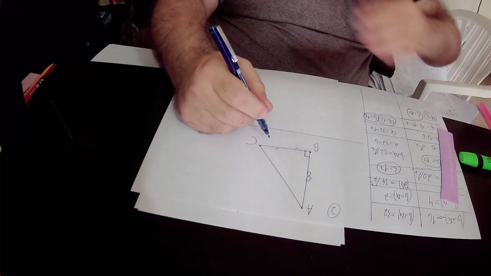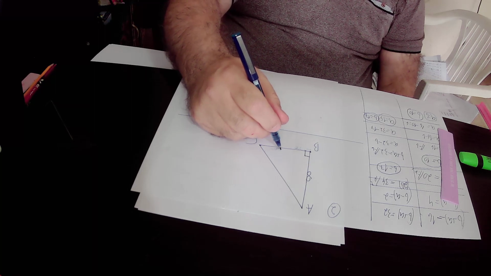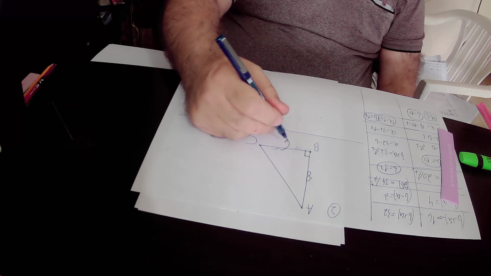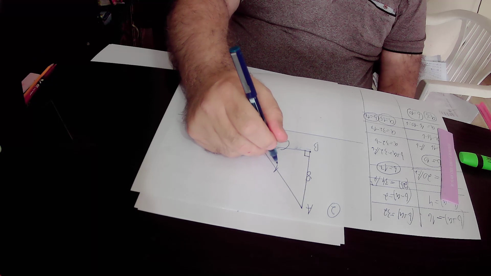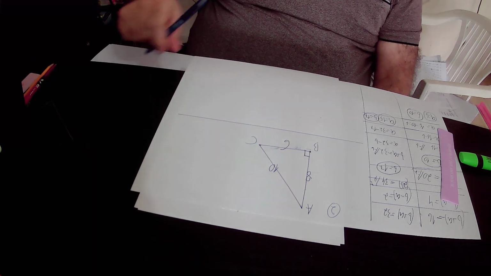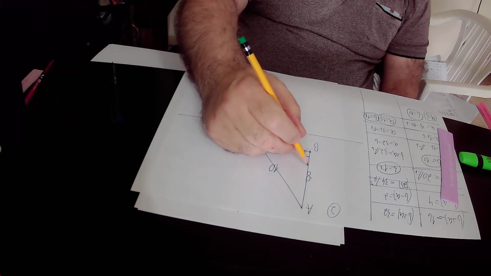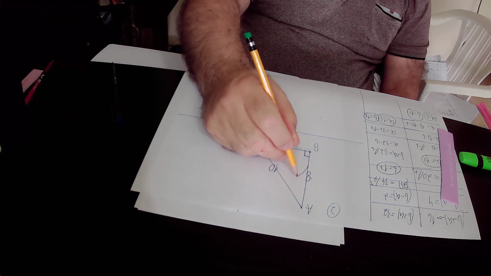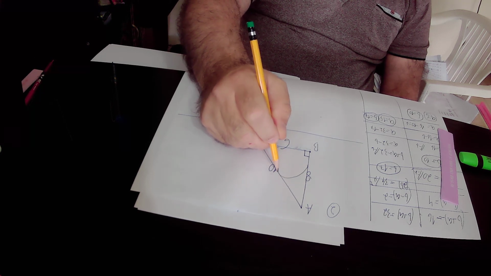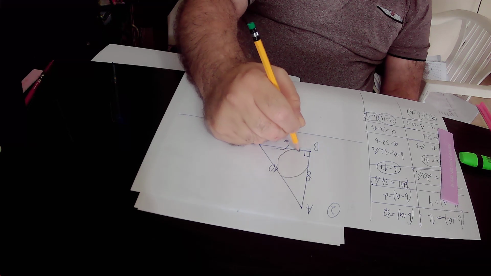Side BC equals 6 units, and the hypotenuse AC equals 10 units. Inside this right triangle, we have this circle, and we are looking for the radius of this circle that is inscribed in the right triangle, triangle ABC.